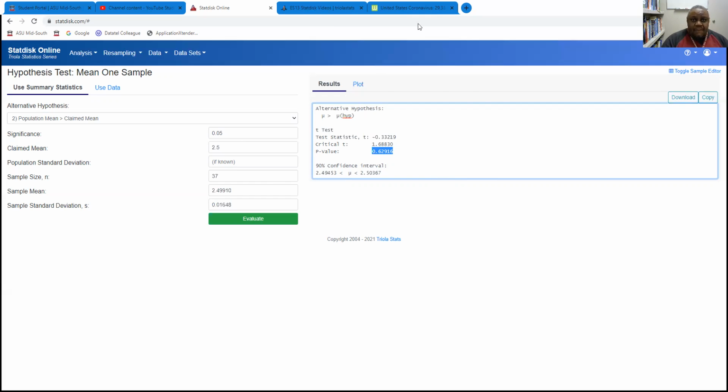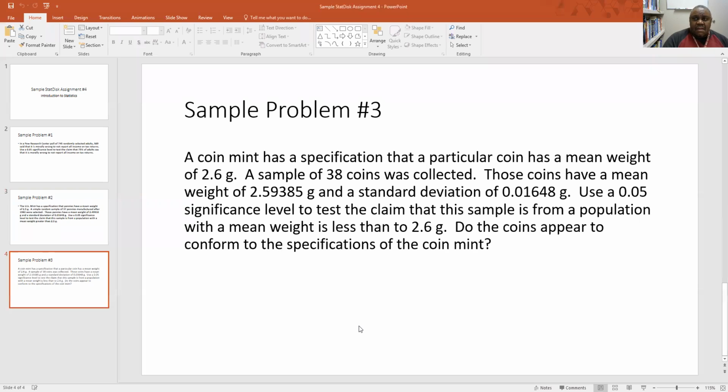Okay, now let's look at the very last problem, sample problem number 3. It says here, a coin mint has a specification that a particular coin has a mean weight of 2.6 grams. That's the claim. A sample of 38 coins was collected.